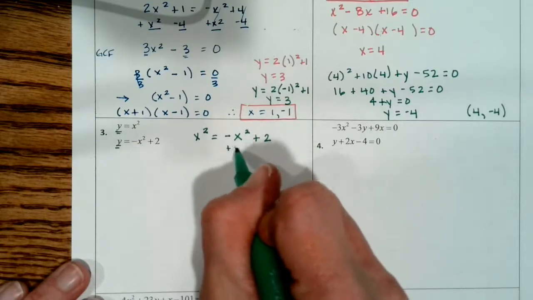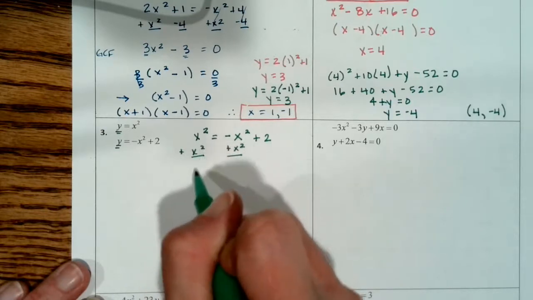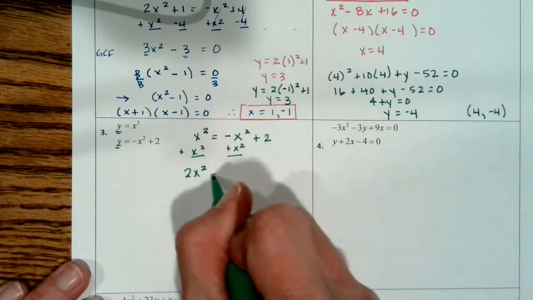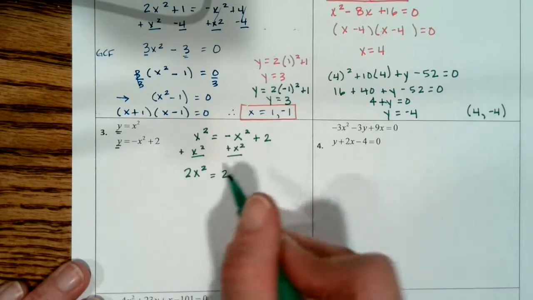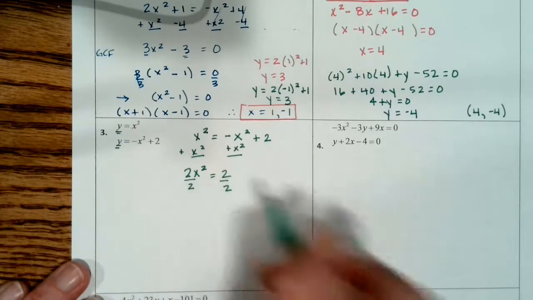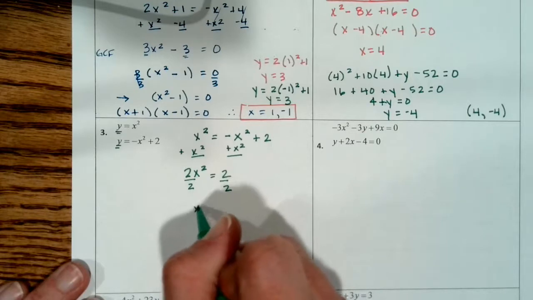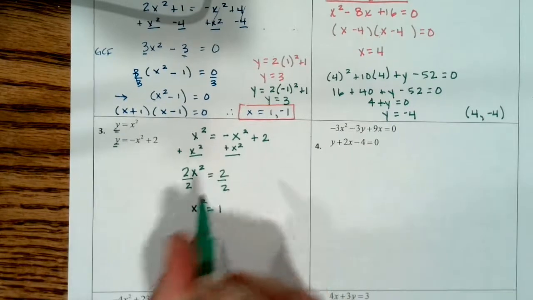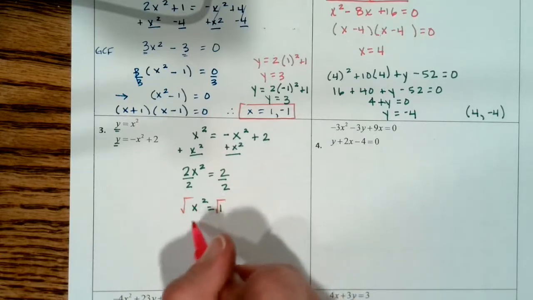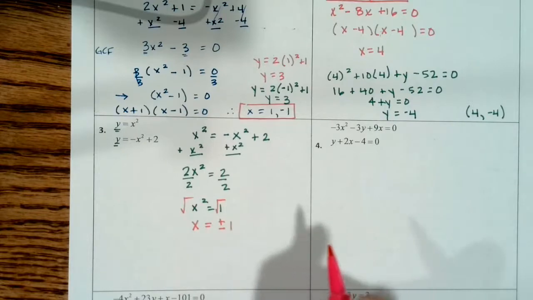When I add x squared to each side to combine like terms, I get 2x squared is equal to 2. After I divide by 2, x squared is equal to 1. So when I take the square root of each side, my x is equal to plus or minus 1.